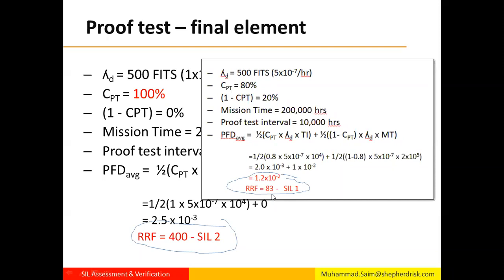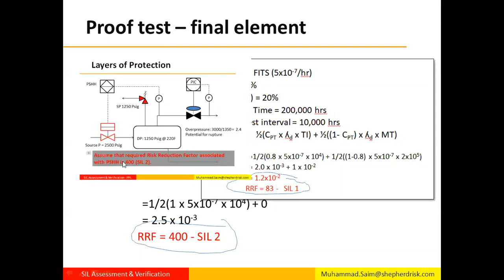So RRF for 80% CPT is 83, RRF for 100% CPT is 400. So our target was 400, right? So we meet the target risk reduction by carrying out 100% proof test coverage every 1 year.